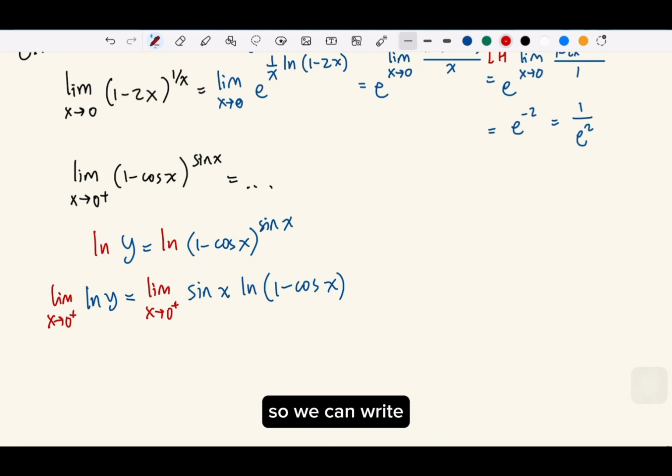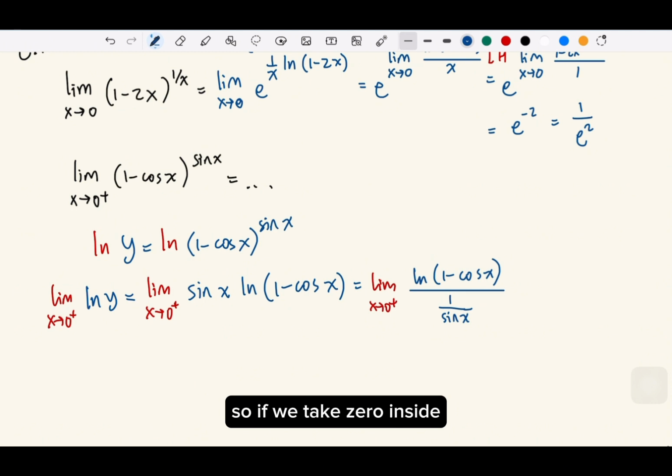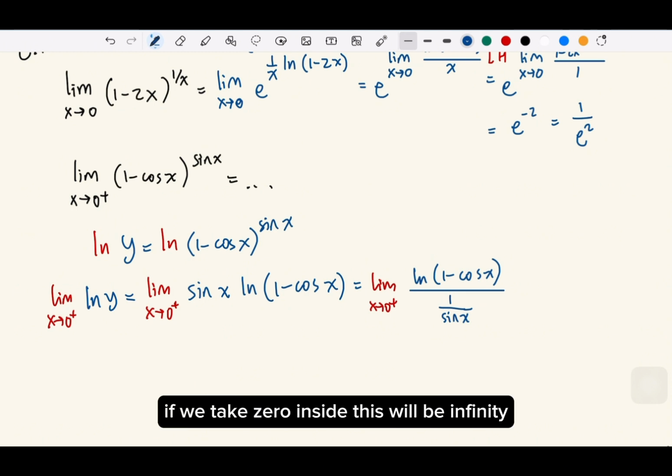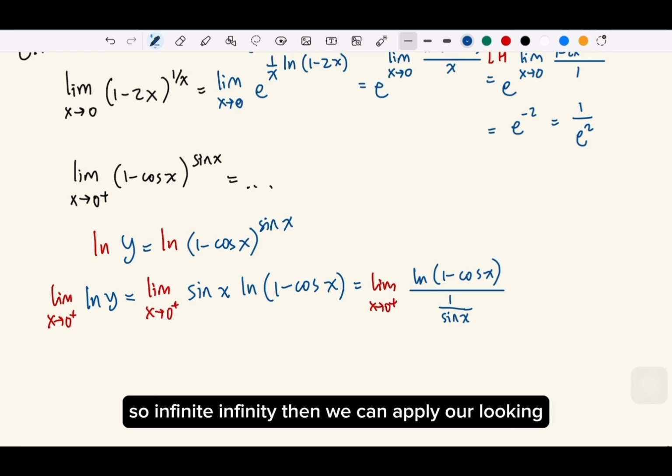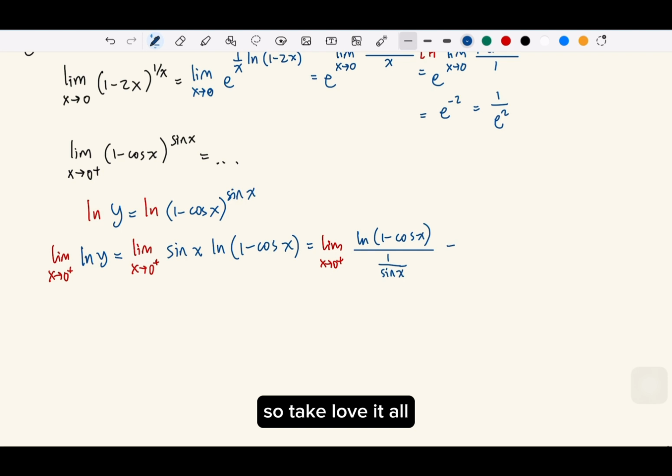So we can write the limit. If we take 0 inside, this will be infinity, and this will be 1 over 0, which is another infinity. So infinity over infinity, then we can apply our L'Hopital. So take L'Hopital.